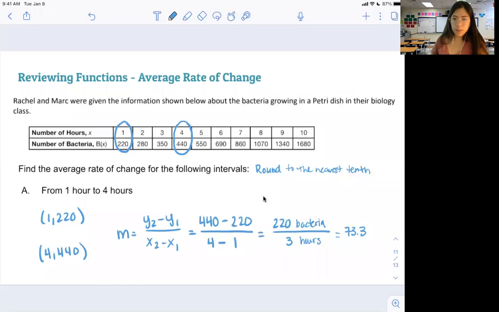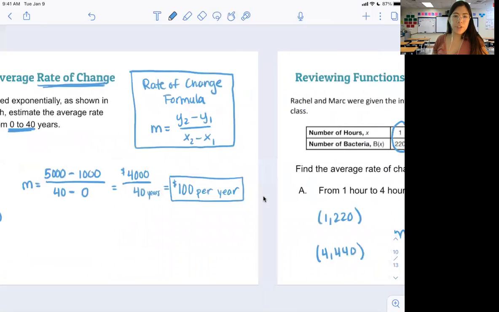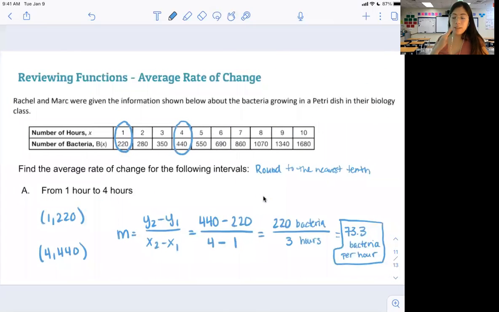So 73.3 bacteria per hour. So rate of change on a graph, rate of change on a table. Take a moment, make sure that you've written everything down, and let me know if you have any questions.